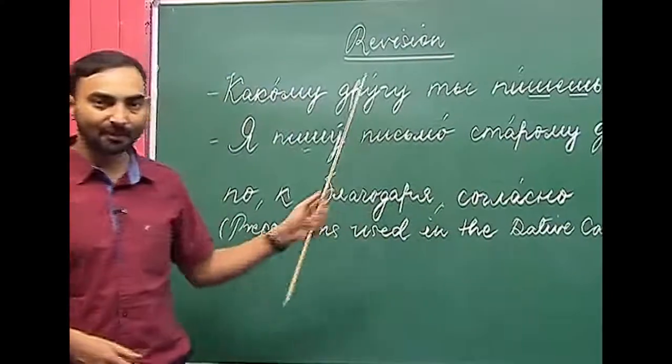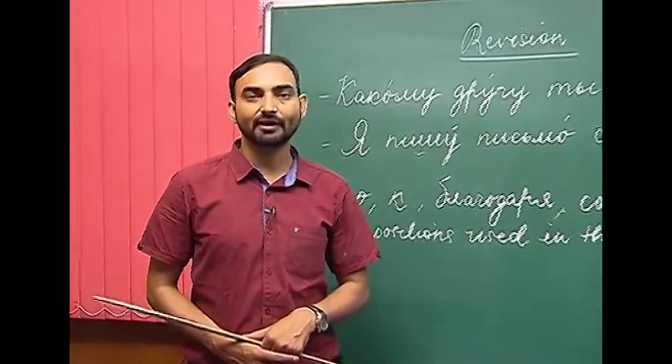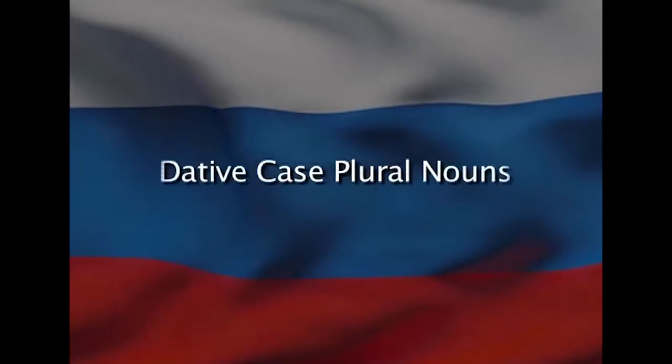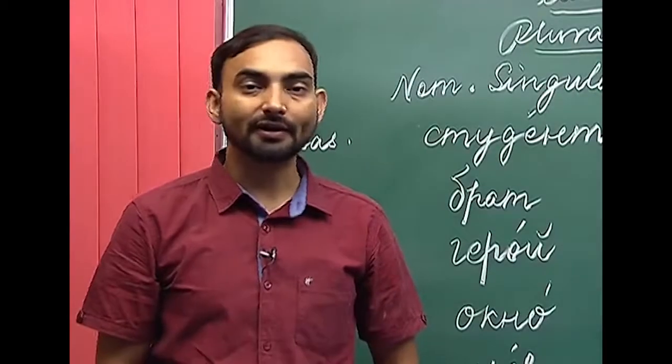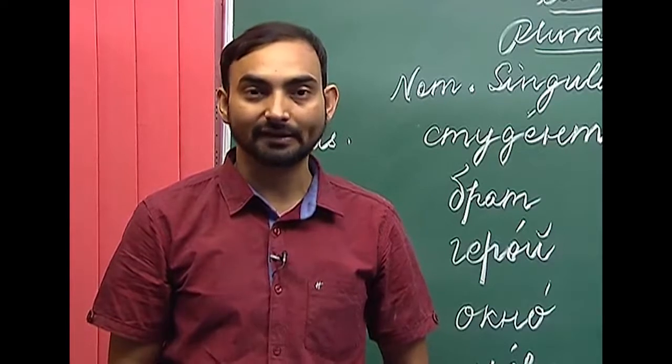So, these were the topics that we had learnt in the previous lesson. So, let us move on to the topics that we are going to learn today. We have already discussed how singular nouns, pronouns, adjectives decline in the dative case.